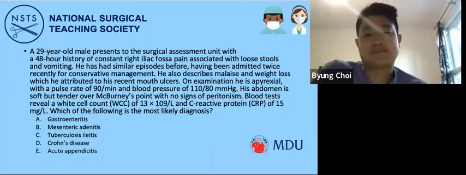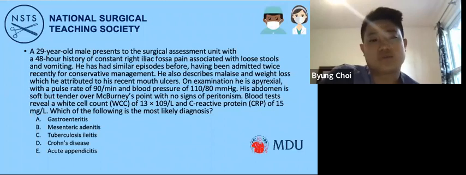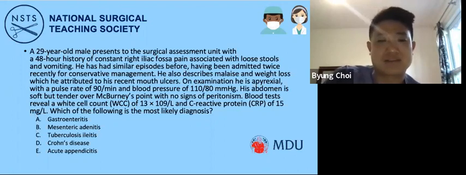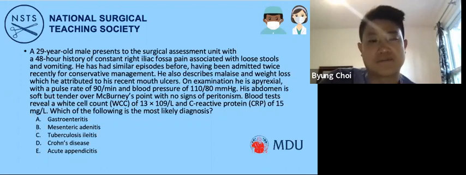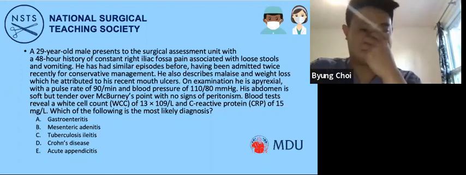He also describes malaise and weight loss, which is attributed to his recent mouth ulcers. On examination, he is apyrexial, pulse of 90, blood pressure of 110/80. His abdomen is soft but tender over McBurney's point with no signs of peritonism. Blood tests reveal white cell of 13 and a CRP of 50. What is the most likely diagnosis here?